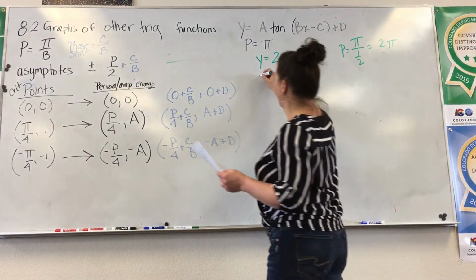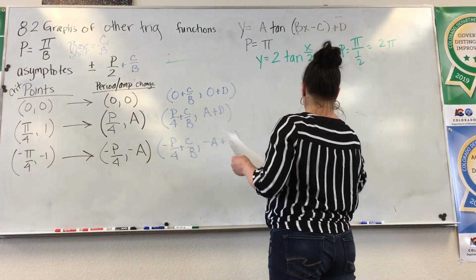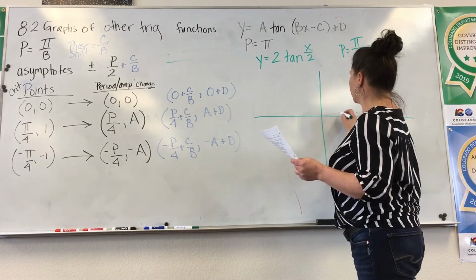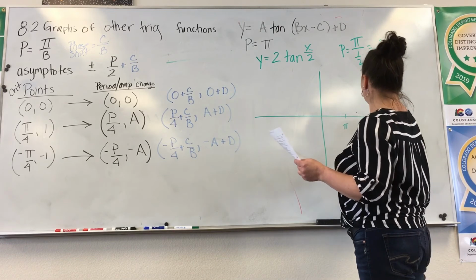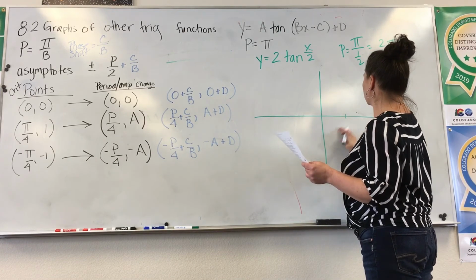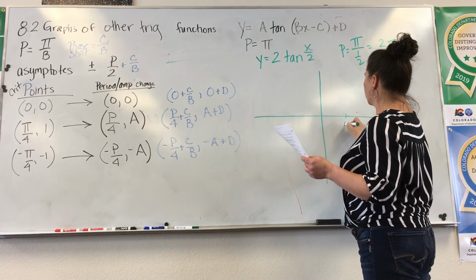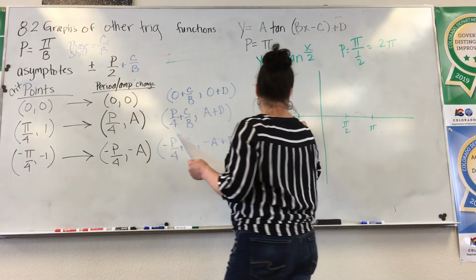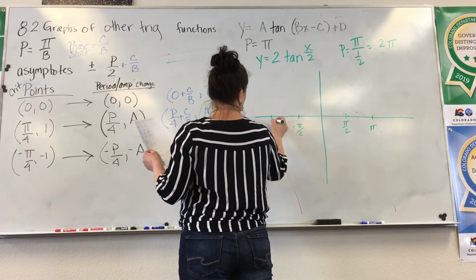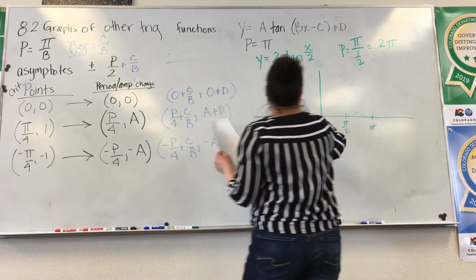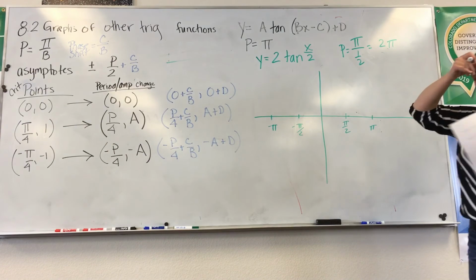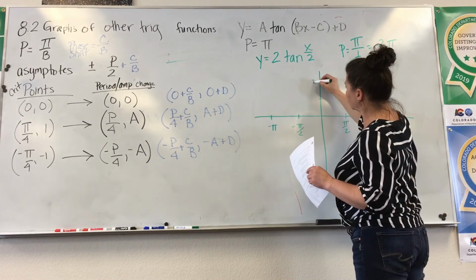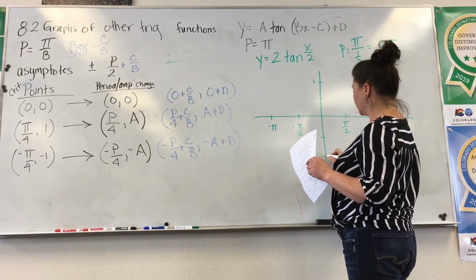This one I better do in the middle. Let's do pi halves and pi, and negative pi halves, negative pi. And then my amplitude's going to be 2, so I need to go up at least 2 and down at least 2.